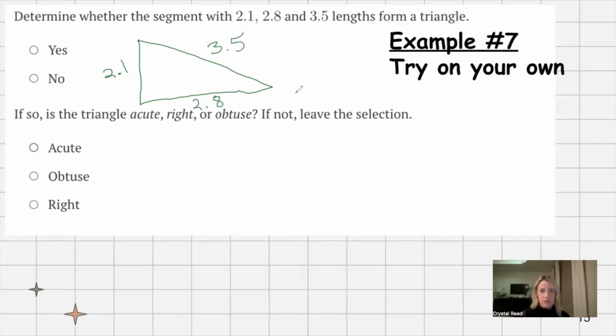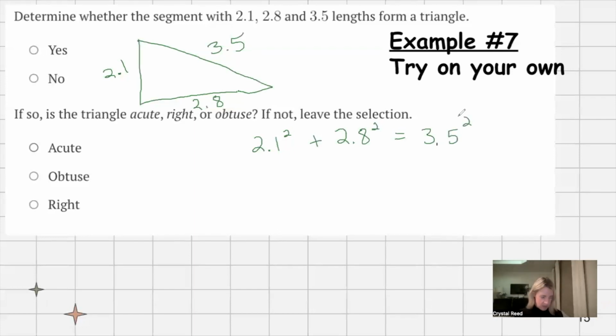So we're going to do 2.1 squared plus 2.8 squared equals 3.5 squared. Well, let's test that out.